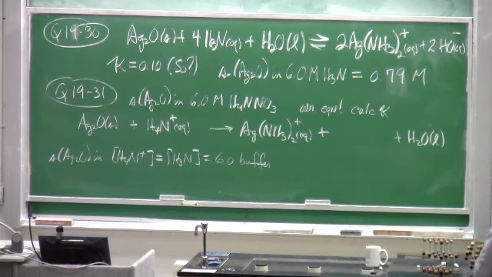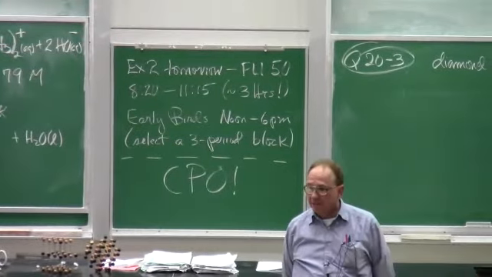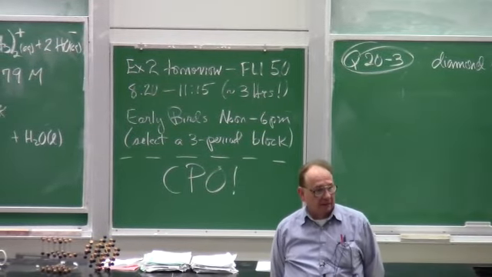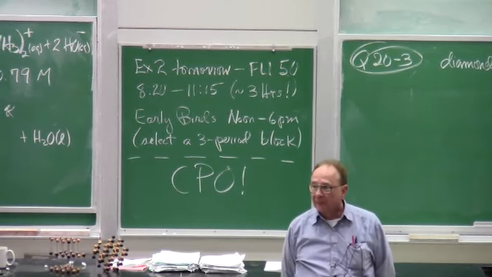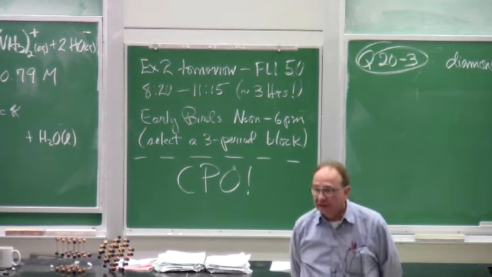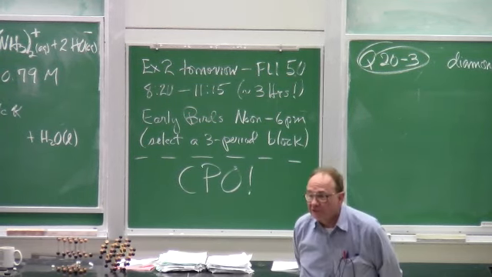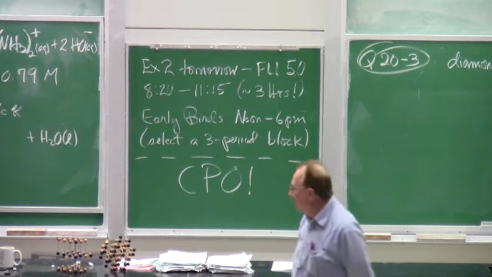How many moles of ammonia? 2. But a mole of silver oxide contains 2 moles of silver ion. So of these 2 moles of silver ion, how many moles of silver ion can be complexed? 1.